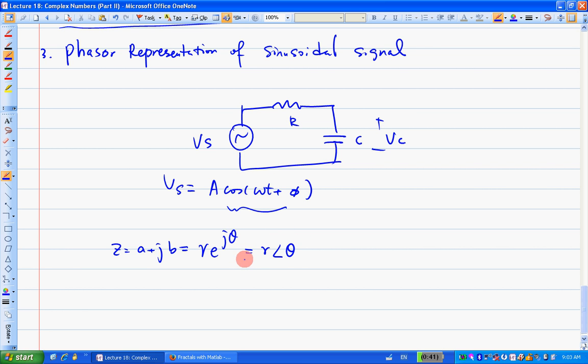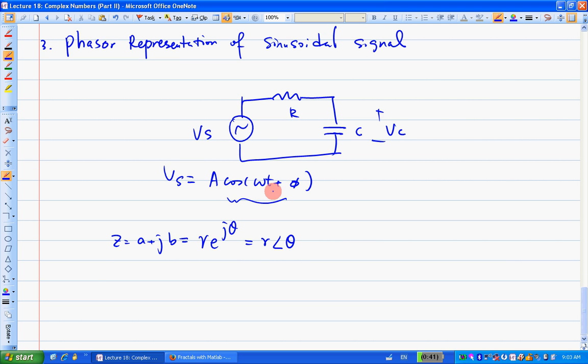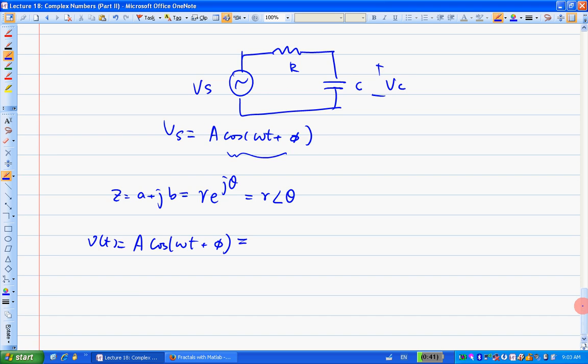They all refer to the same thing. Now how about this sinusoidal one? Let's call this v(t) equals A cosine omega t plus phi. We're going to do some manipulations and write it using complex numbers.